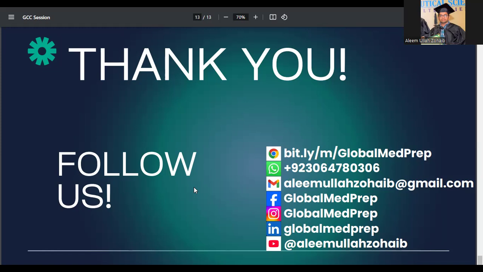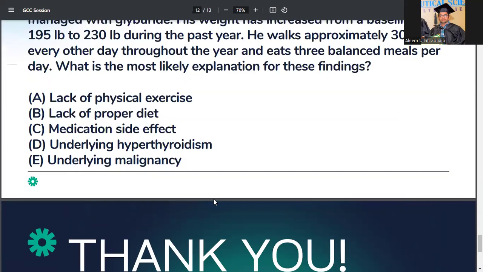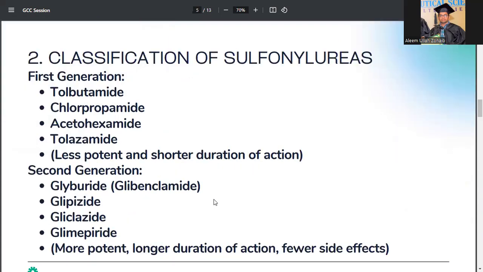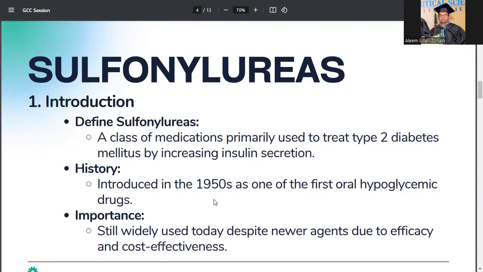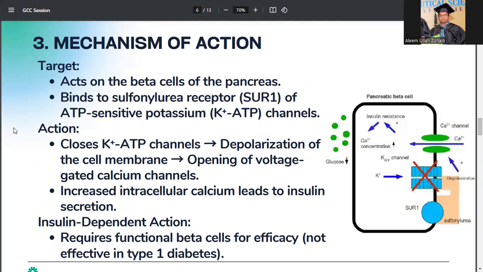Mechanism of action. Sure. See this diagram.